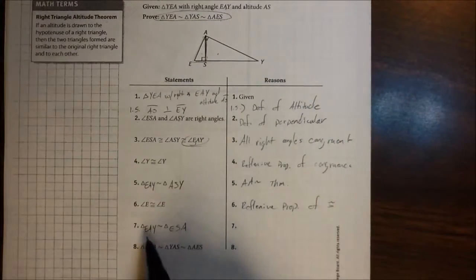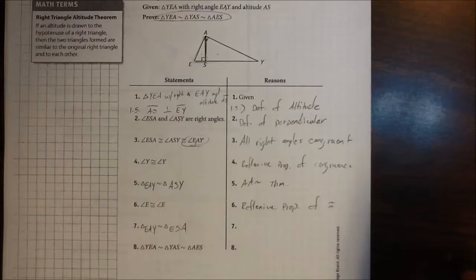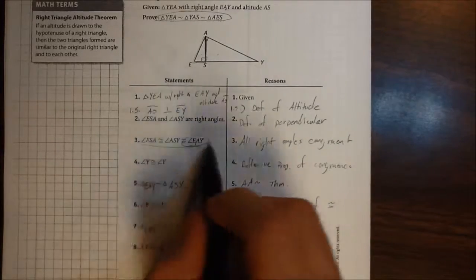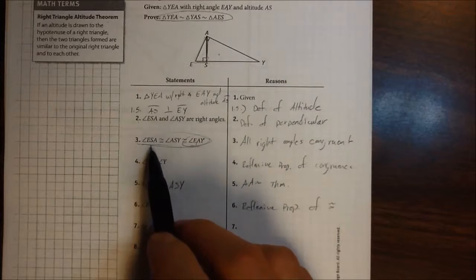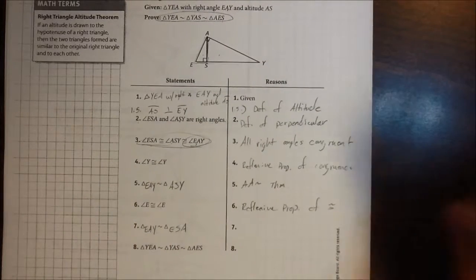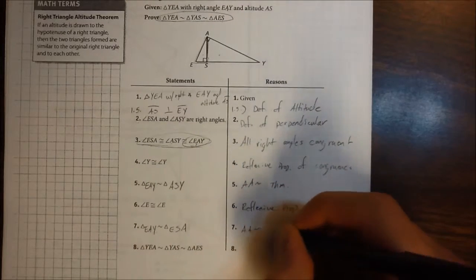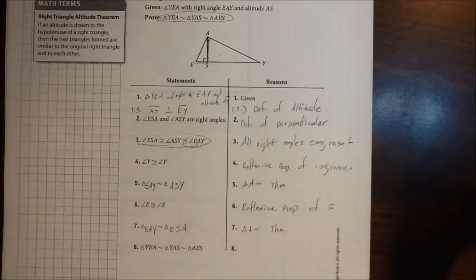Make sure that you're matching up the correct vertices, matching corresponding parts. That's where I got the names of the triangles. Those are printed for me, so it's really easy to identify the corresponding parts. And once again, these triangles are similar because of the angle-angle similarity theorem.